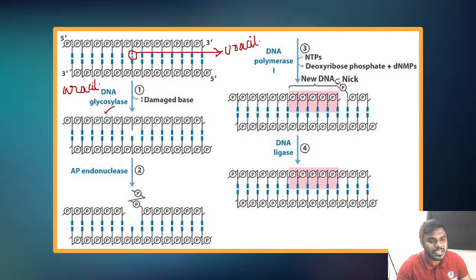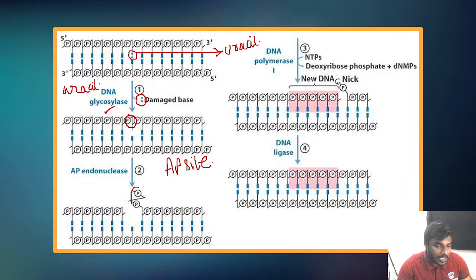After cleaving the uracil, everyone look at the picture, my friends. Uracil came out. Now all the students listen to me. What bond is this now? Phosphodiester bond. I have to remove that also, because once I remove the base, it creates an AP site. We can call it a purinic site, a pyrimidinic site, or the abasic site. Then what does it create? It creates a gap.